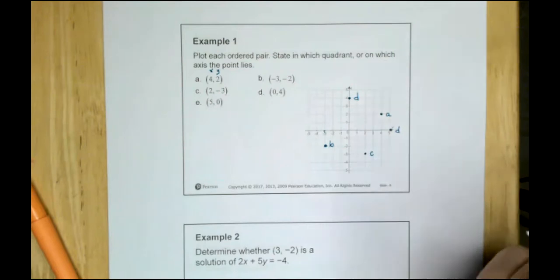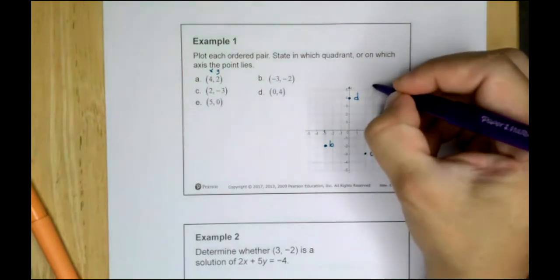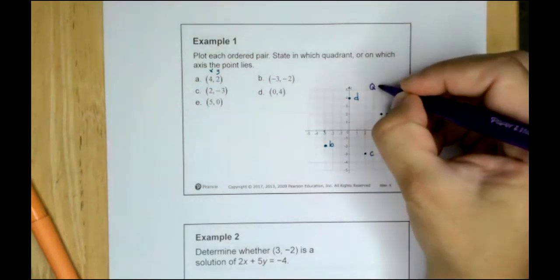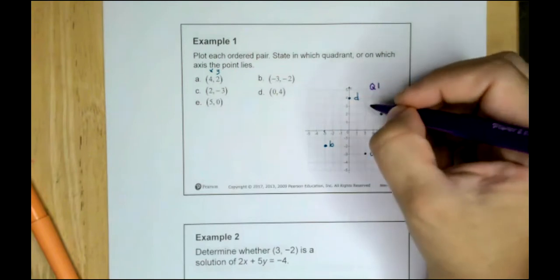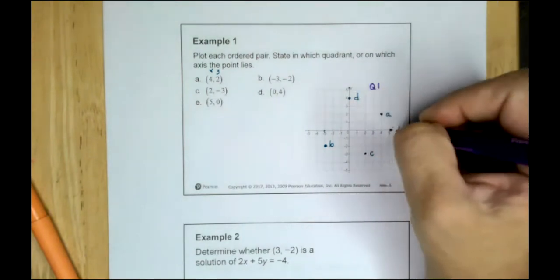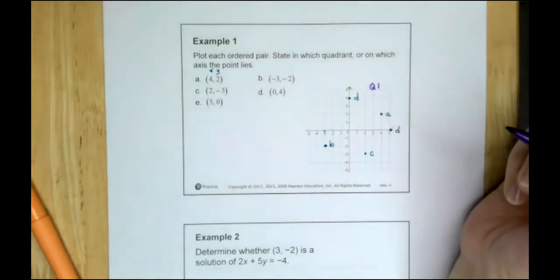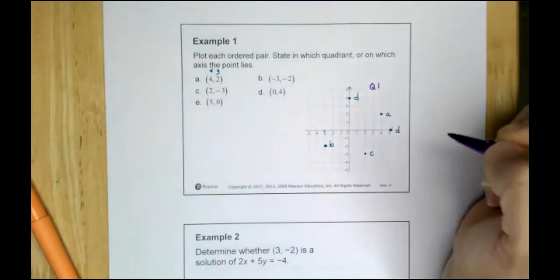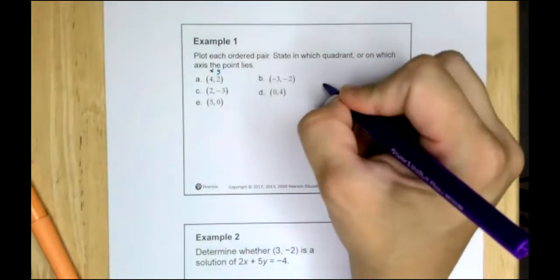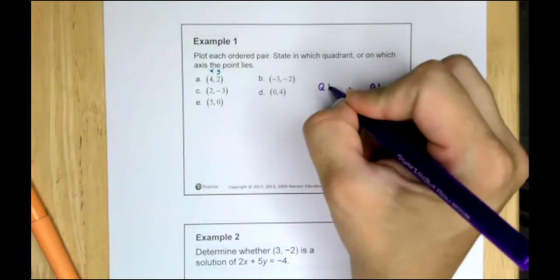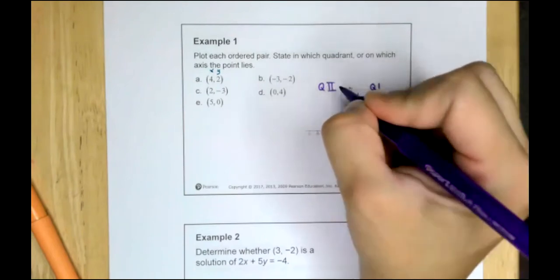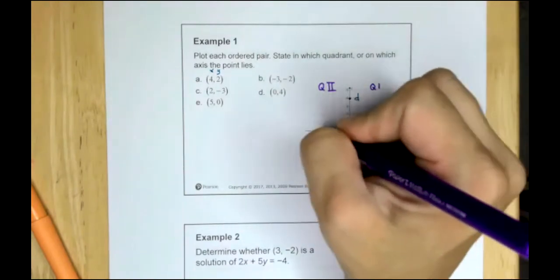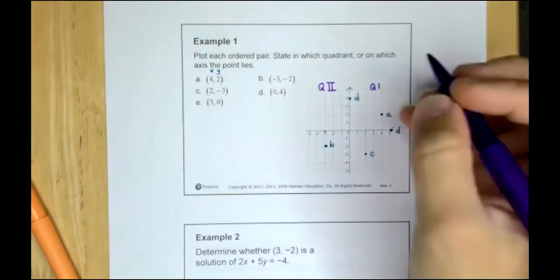Okay, and I know I didn't really talk about quadrants very much, but basically this is always quadrant 1. It's between positive x and positive y. Quadrant 1 is positive x, positive y. Quadrant 2 is negative x, positive y.